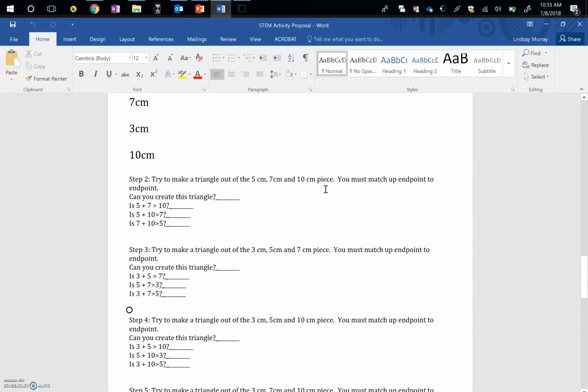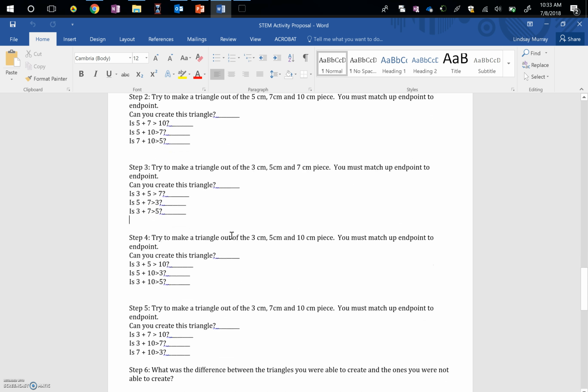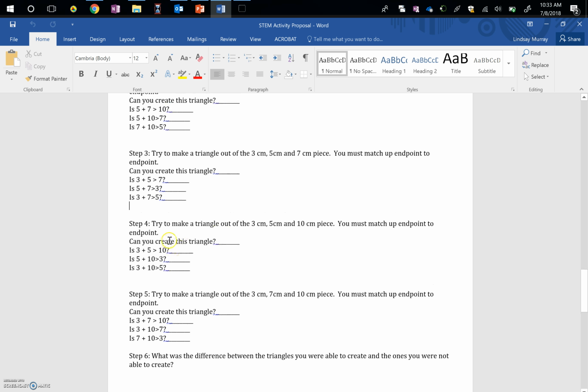But then as they go through the worksheet, they will discover that they won't be able to form a triangle. For example, in step 4, they try to form a triangle using the 3, the 5, and the 10. And they would discover that they cannot, because 3 plus 5 is not greater than 10. So the pieces would be too short.